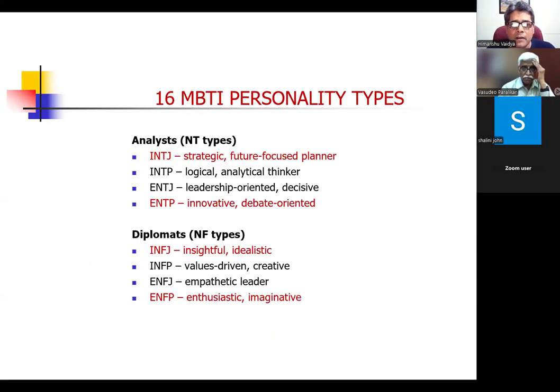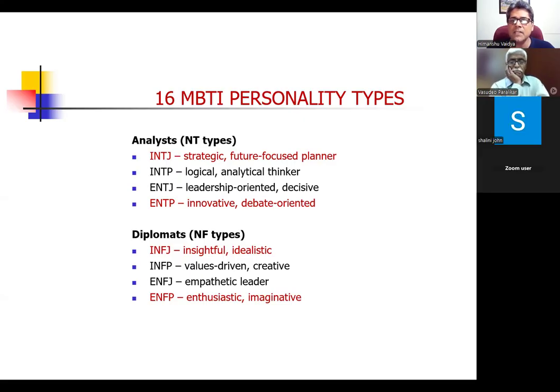Based upon Jung's theory of typology, we have the very popular MBTI personality types. We won't go into the 16 MBTI types, but just to say it's basically based upon Jung's typology with some modifications. They bring in two variables, P and J, which are not there in the Jungian typology.